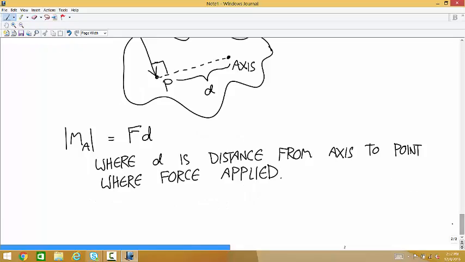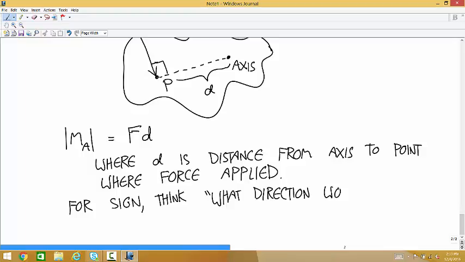So now to get the sign, you have to think, what direction would this force cause the object to rotate?